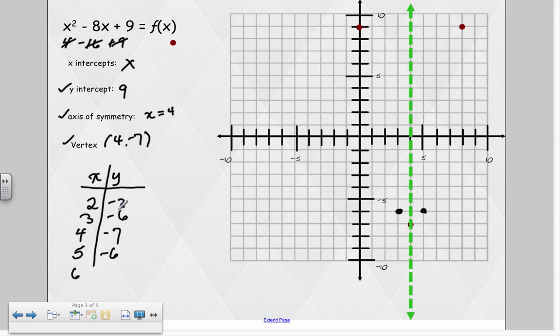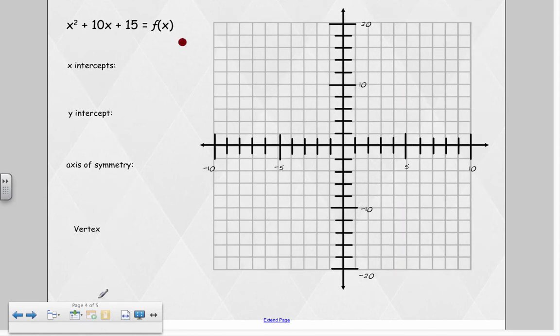So when I put a 2 in here, I get negative 3, which means its mirror image, if I put a 6 in there, I'd get negative 3. And that's more than enough now if I wanted to draw my parabola, I could. And if you notice, even in my quick drawing, it's going to cross at weird spots. And we're going to talk about that in the next lesson.